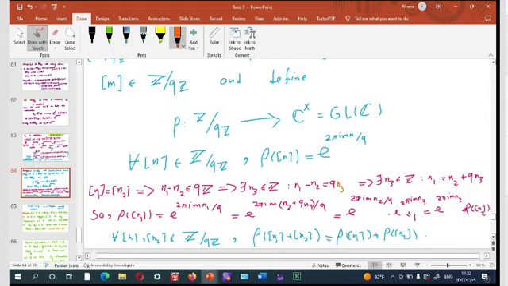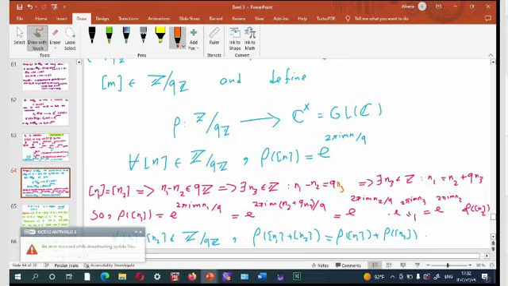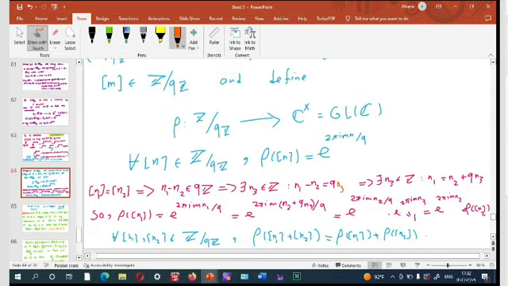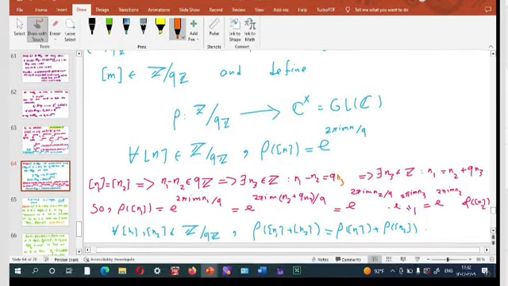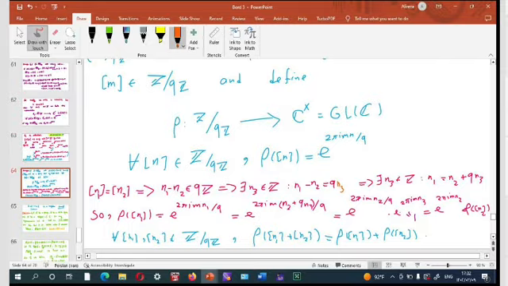And this is equal to e to the power of 2 pi m n3, which is 1.